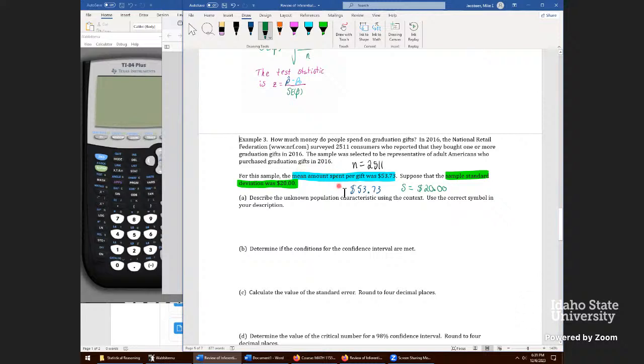Another giveaway is anything that also has a unit attached, like time, dollars, distances, heights, things like that, that's probably going to be numerical data. And so I would say probably the bigger giveaway is the fact that we saw this right here. If you see mean, standard deviation, those kinds of things, this indicates we now have numeric data.